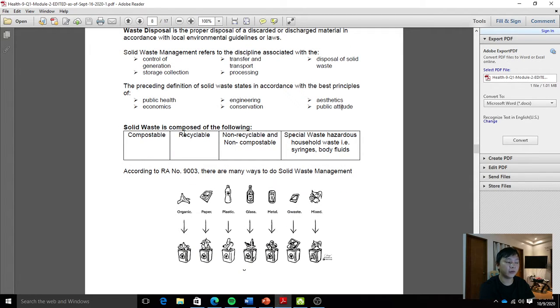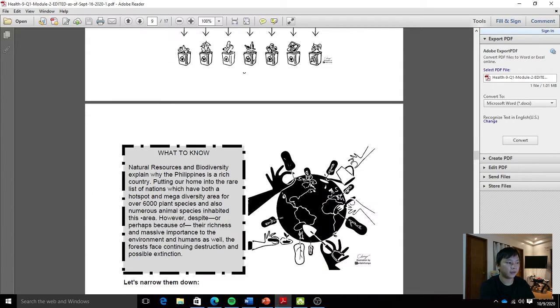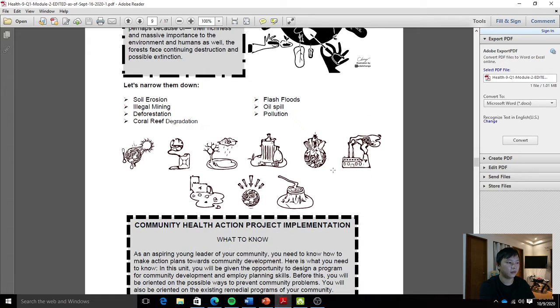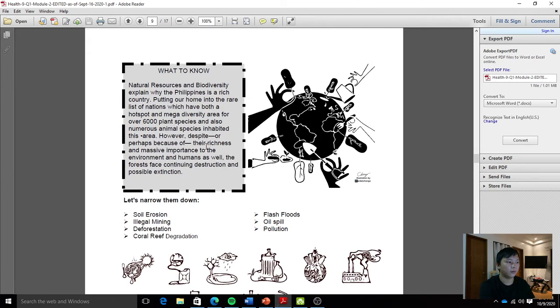So we discussed how solid waste is classified: compostable, recyclable, non-recyclable, and non-compostable waste, special waste, hazardous household waste, syringes, body fluid. Okay?